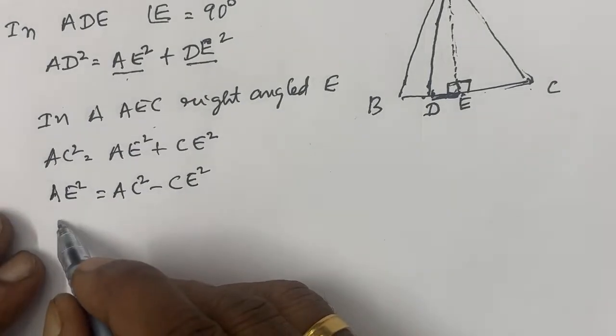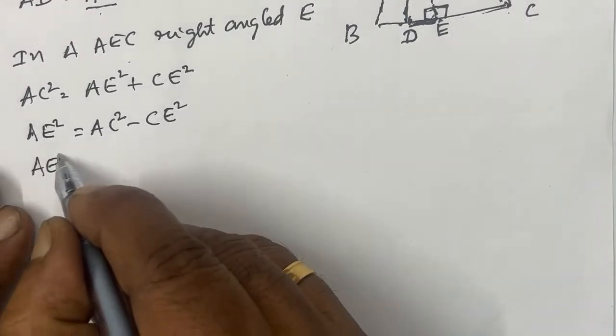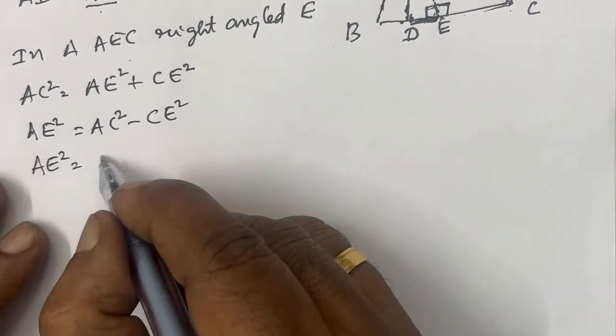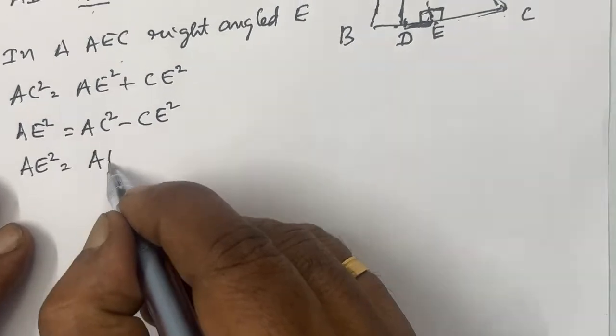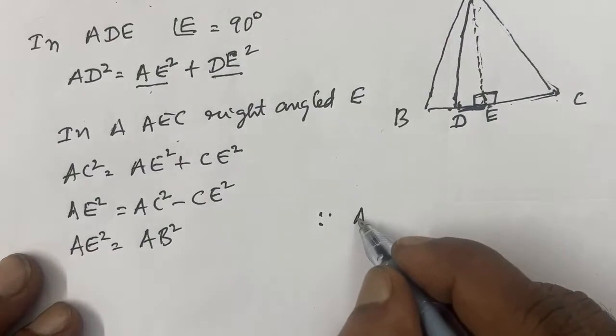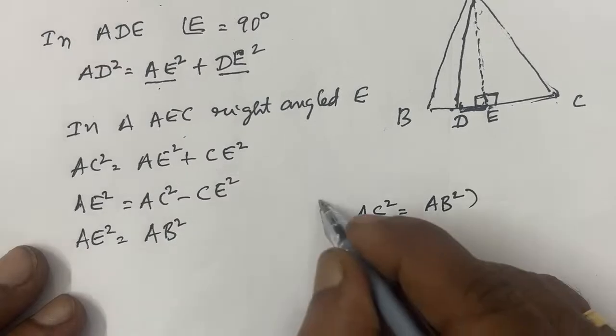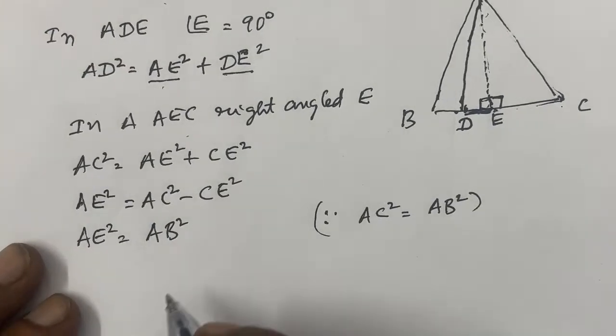Now, next step: AE square is equal to, I am writing AC square as AB square. Why? Because it is an equilateral triangle.